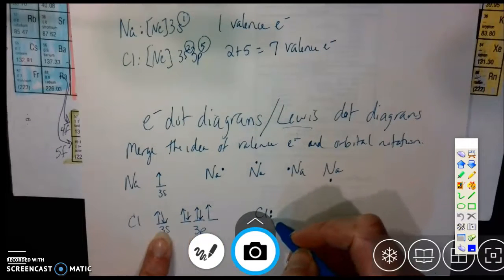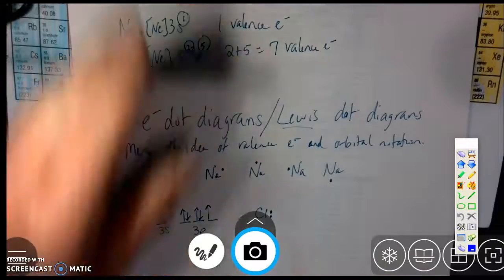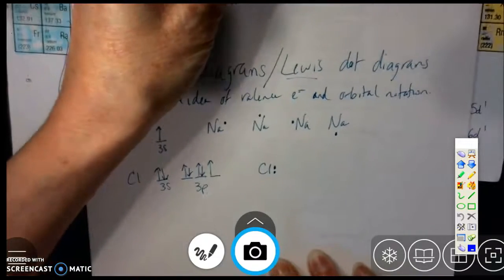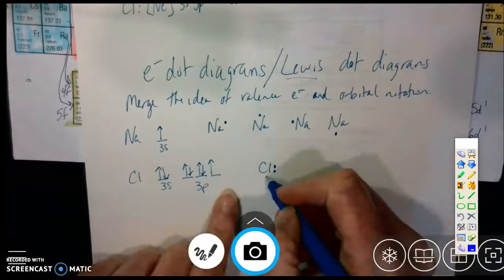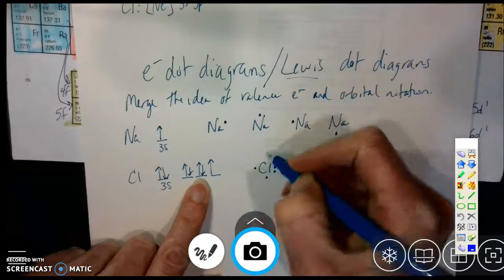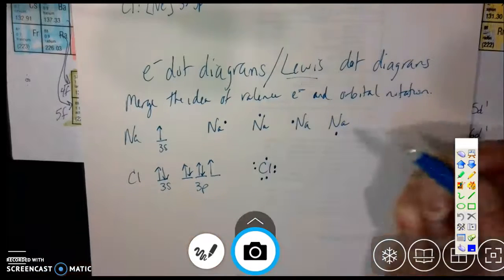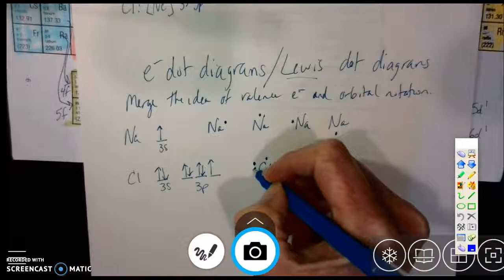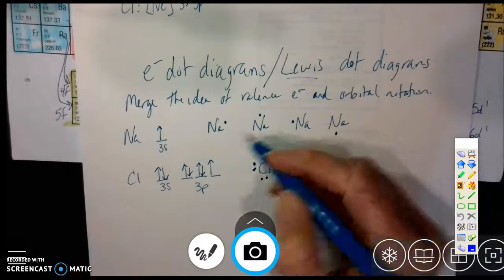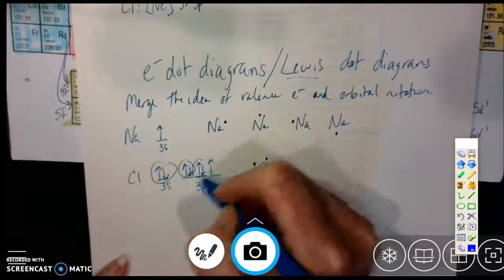So these are my S's, and then I'm going to do one on the P, one on this P, and one on this P, and then I'm going to pair them up. So what you should see are 3 pairs and a single, which is exactly what we have here.